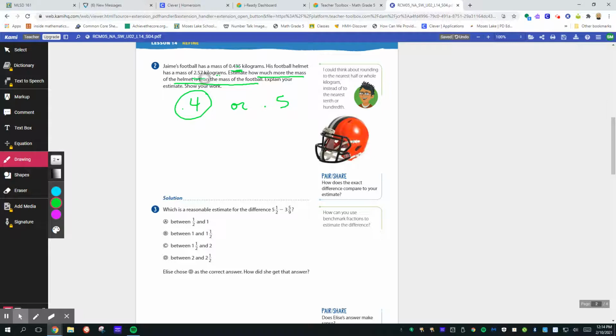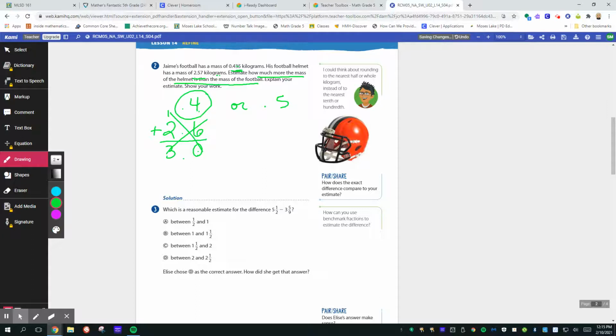And then 257 kilograms is closer to 2 and 6 tenths. So 6 and 4 is 10. So the estimate is closer to 3 whole. Except I added instead of subtracted, Mrs. Mather. This is actually a subtraction problem. So this is what they would be if we were combining them. But that is not what they asked us to do.